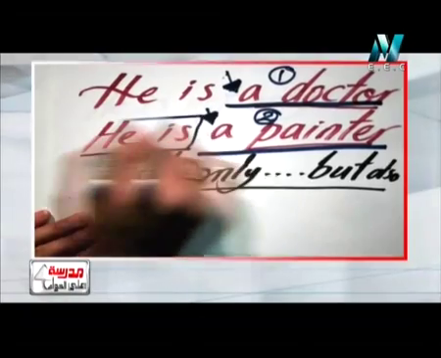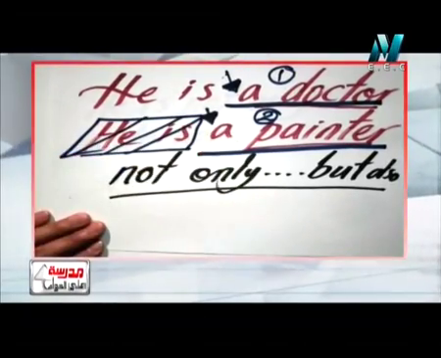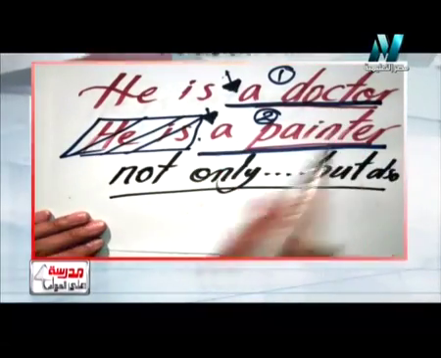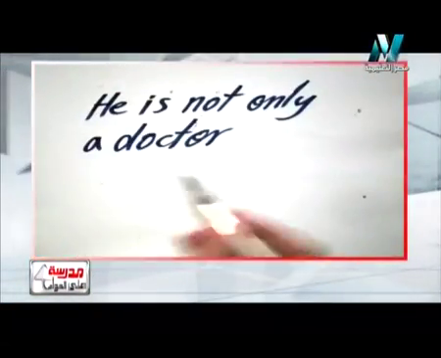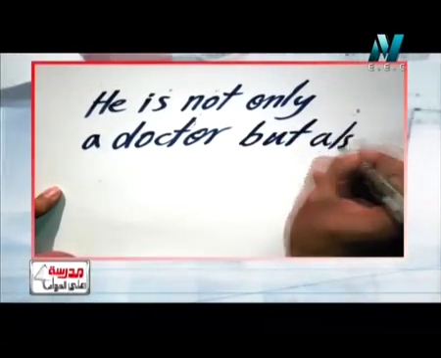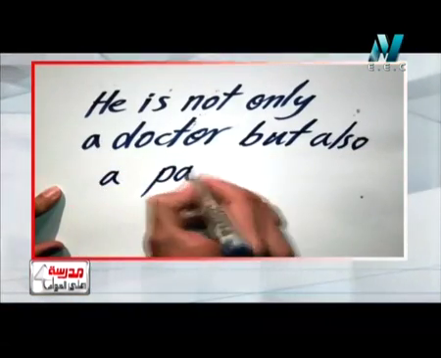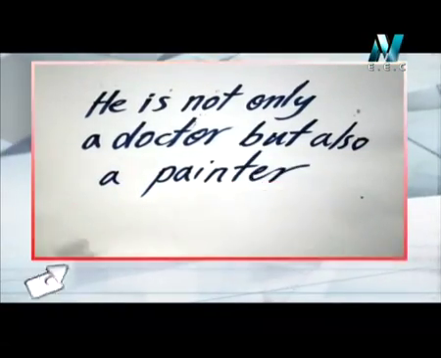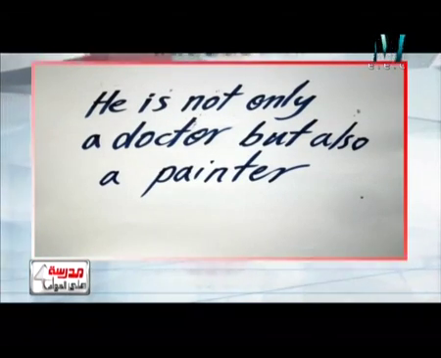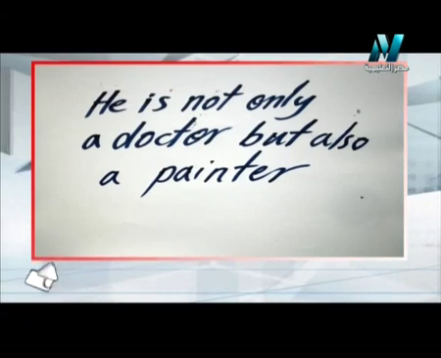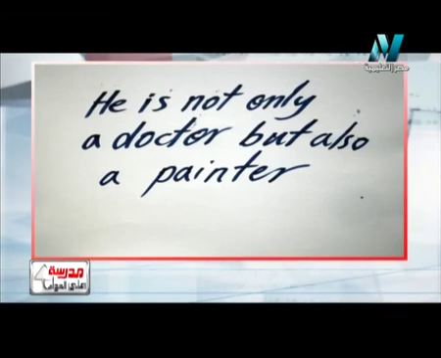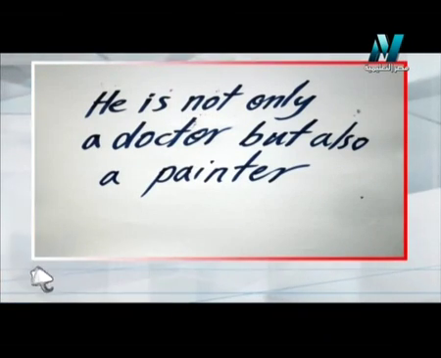So we say he is not only a doctor, but also a painter. Let's write it. He's not only a doctor, but also a painter. As we have just explained, we put not only before the first option and but also before the second option, and we omit the repeated part.